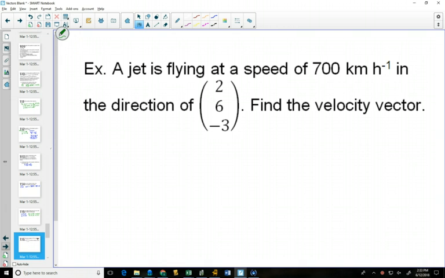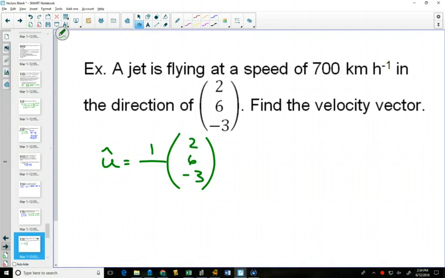So what we need is a vector that is parallel to this one, and its length needs to be 700, because remember that the length of your velocity vector is your speed. So the best idea, exactly, is to find a unit vector, so I'll just label that with u even though we don't have any labels here.